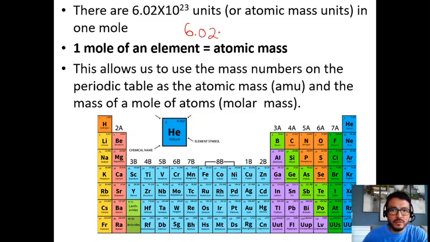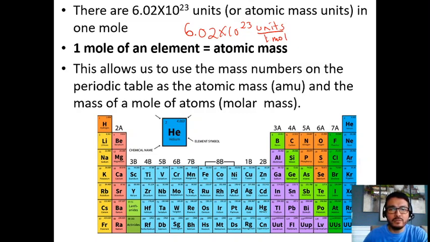You know that 6.02 times 10 to the 23, that being Avogadro's number, that's units. Now, units can mean anything. Units can mean number of atoms, number of molecules for every 1 mole. So those are our units here. So 6.02 times 10 to the 23 units for every 1 mole.